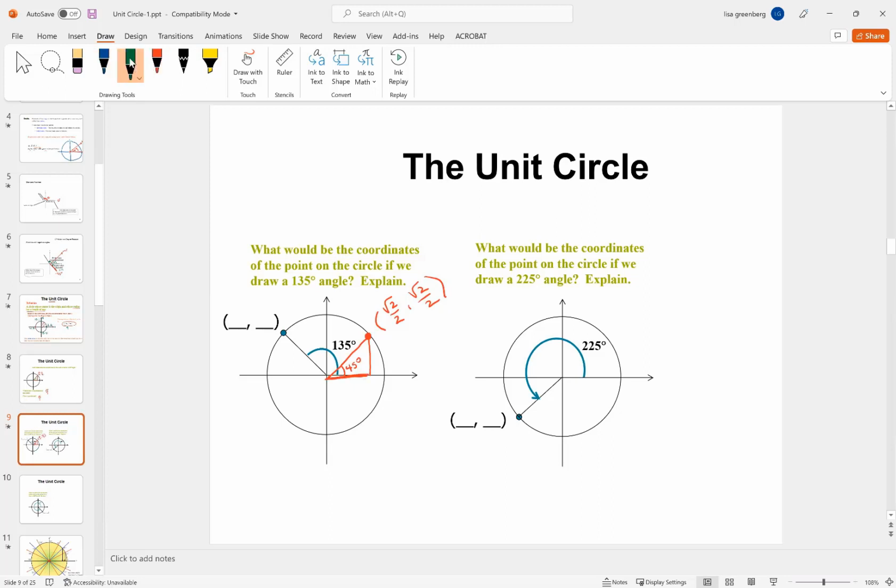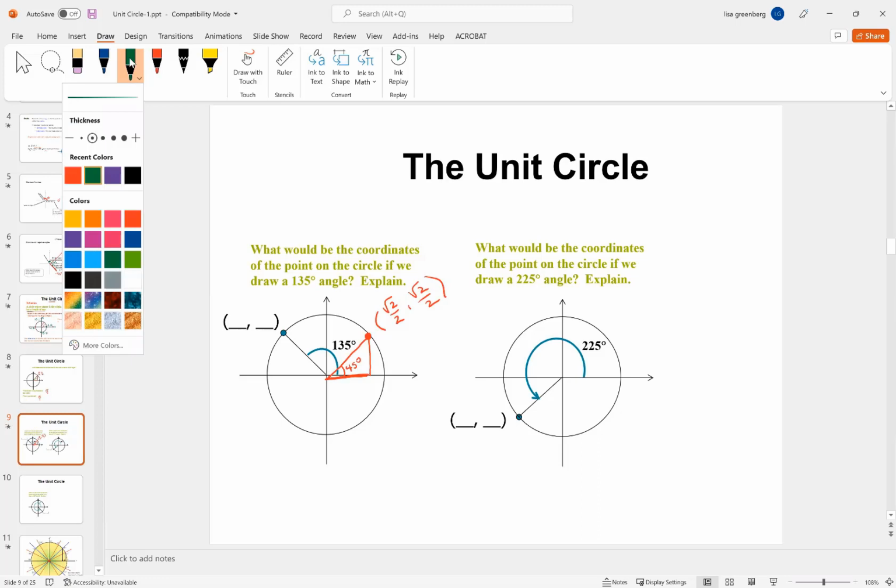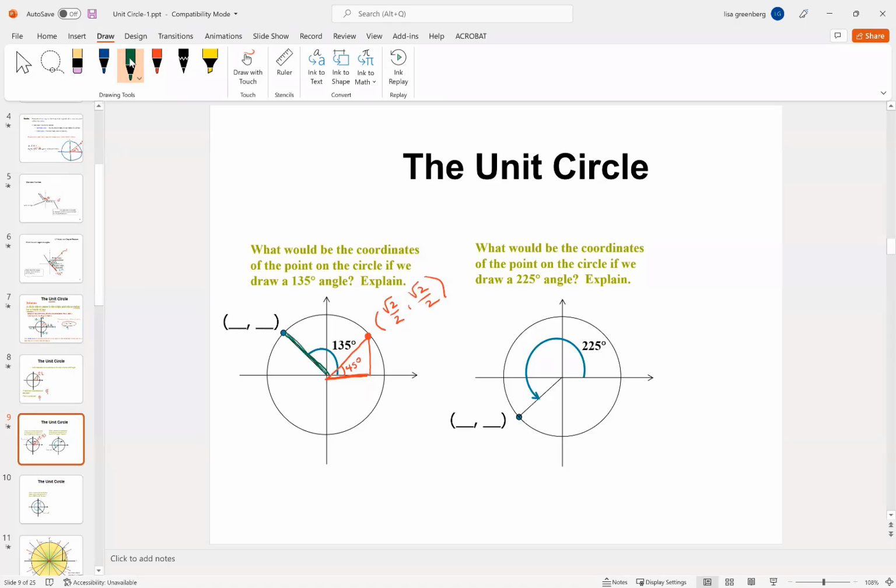If I take that triangle and I flip it over the y-axis, don't I get a triangle that looks like this, where this right here is still 45 degrees. And they're the same triangle, the length of the sides have to be the same. The only thing really different here is in quadrant 2, the x values are going to be negative. So this is going to be negative the square root of 2 over 2, but the y value is the same because it's still positive in quadrant 2. So it'd be positive the square root of 2 over 2.